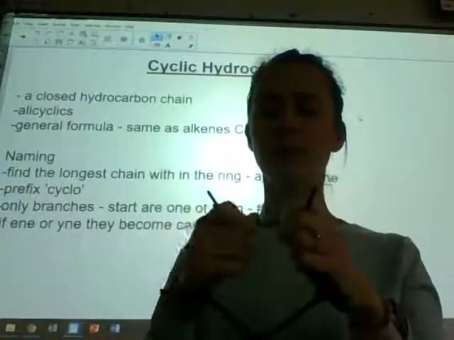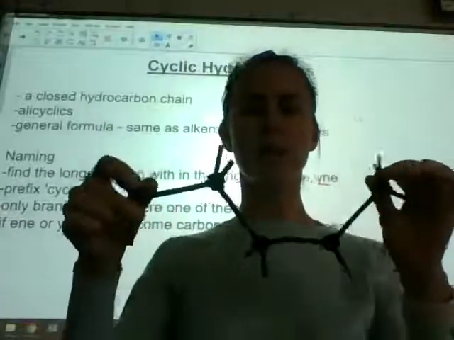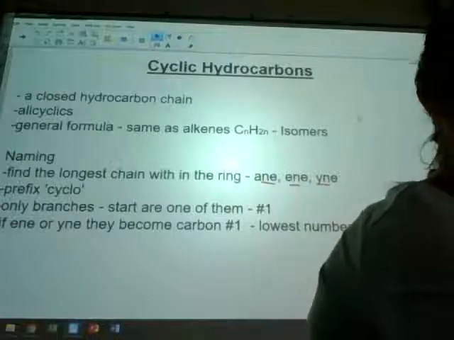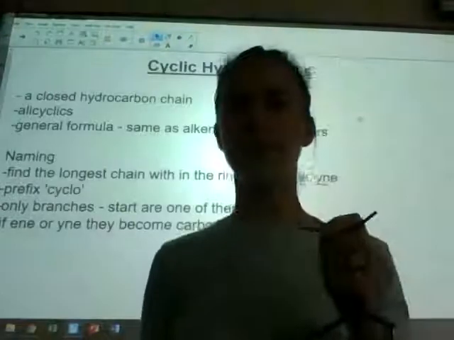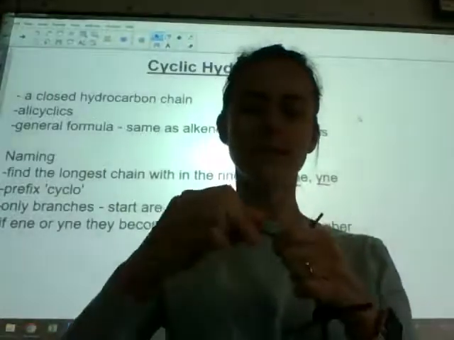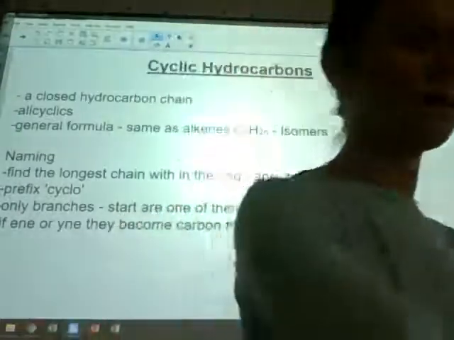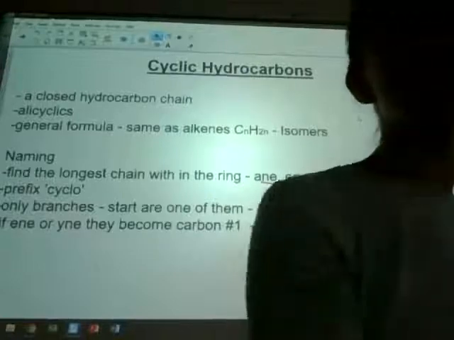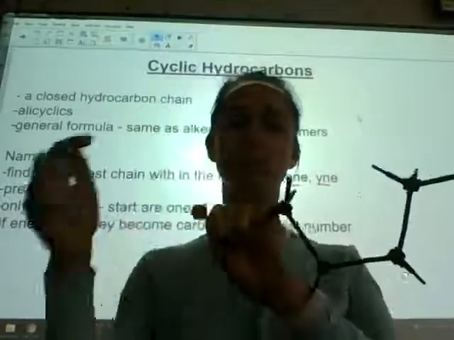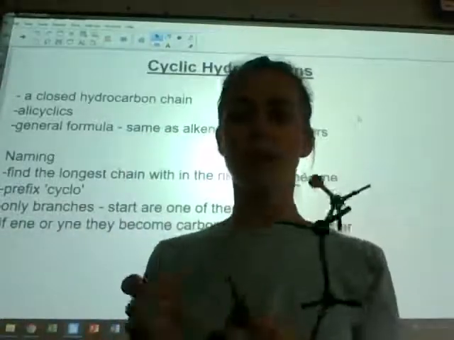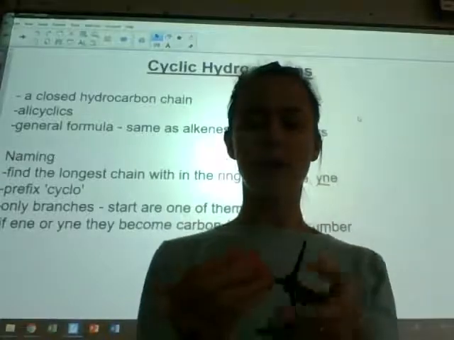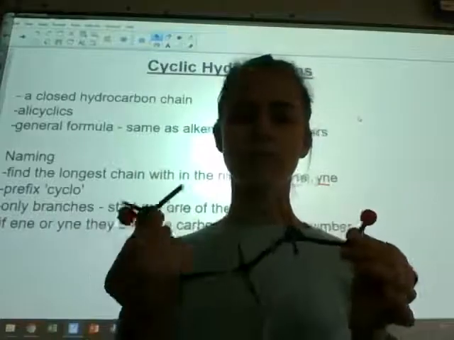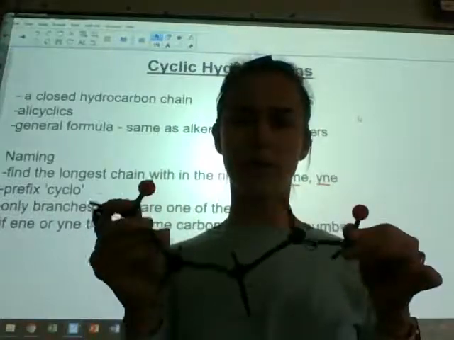So what you should have noticed is that, let's pretend I had my carbon chain, and I'm going to take some little balls on the end to represent the hydrogens that would be attached. Now remember, every single end of these would technically have a hydrogen on it. Now, if I take my end pieces, I'm just going to use the reds to mimic the hydrogens that I'm taking off.